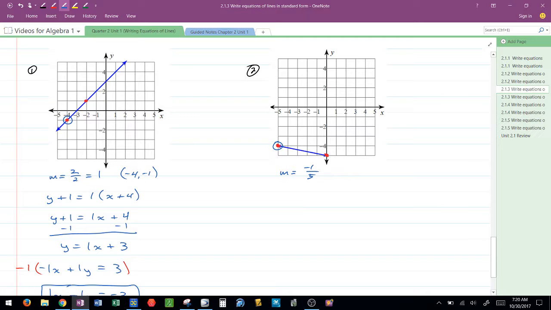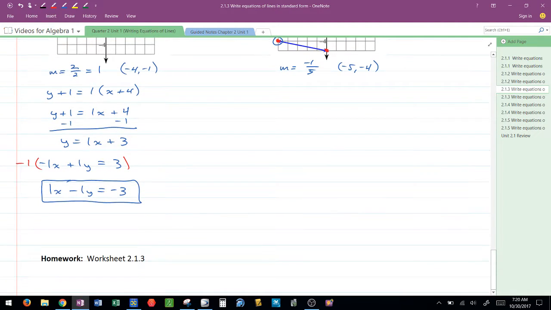That point's at negative 5, negative 4. I'm going to plug in to point slope. So I've got y plus 4, that's minus negative 4, is equal to negative 1/5 times x minus negative 5, which would be x plus 5.